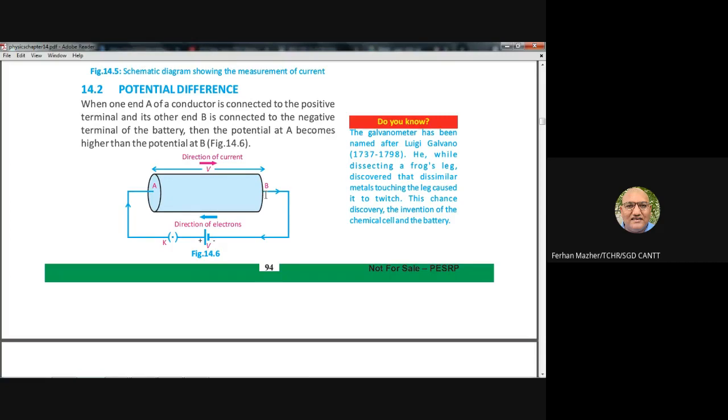Another very simple way I can explain: the charges which entered from here at point A have energy, they have electric energy in them. So their energy will be high. When they pass through this resistor, they will have to do work. The resistor will have some kind of resistance, and to overcome that resistance, they have to push their way through the resistor.